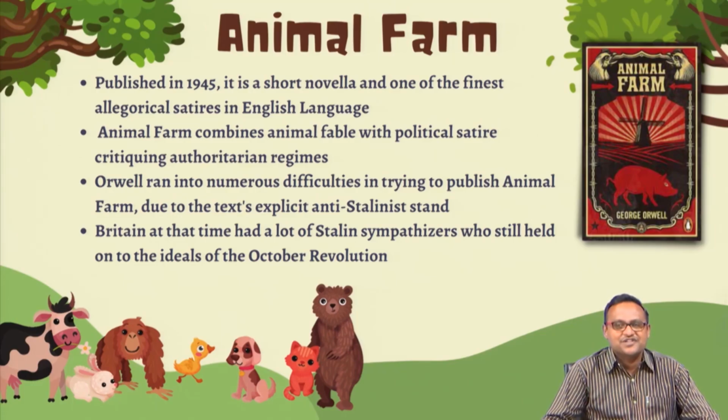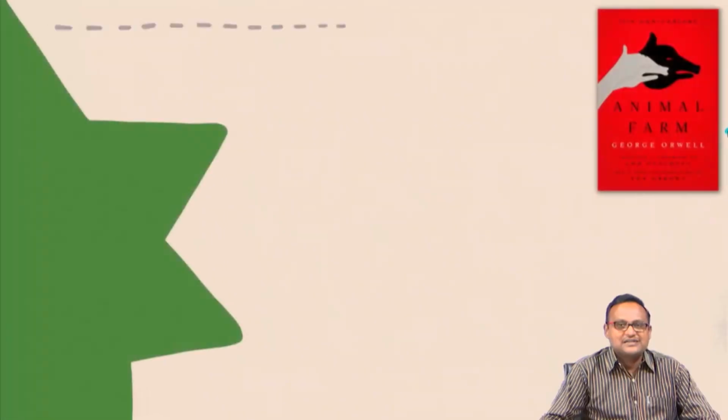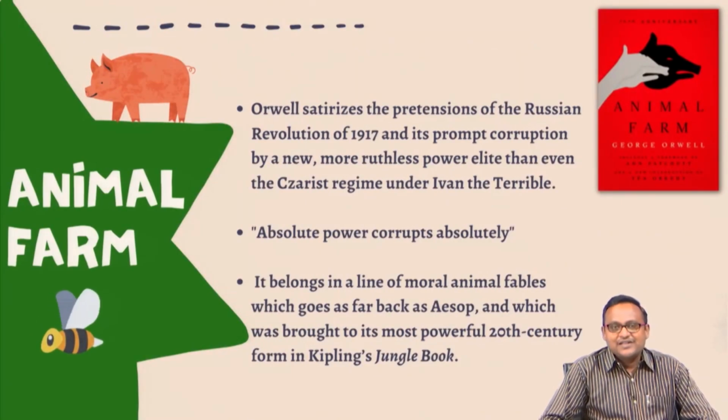During its publication, of course, he faced a lot of criticism, and in fact his manuscript was turned down by many publishers, because at that point of time, England too was an ally of Russia, and the novel in question is a critique of the policies in Russia, and that is the reason why the novel had to face a lot of resistance. And of course in the novel Orwell satirizes the pretensions of the Russian Revolution.